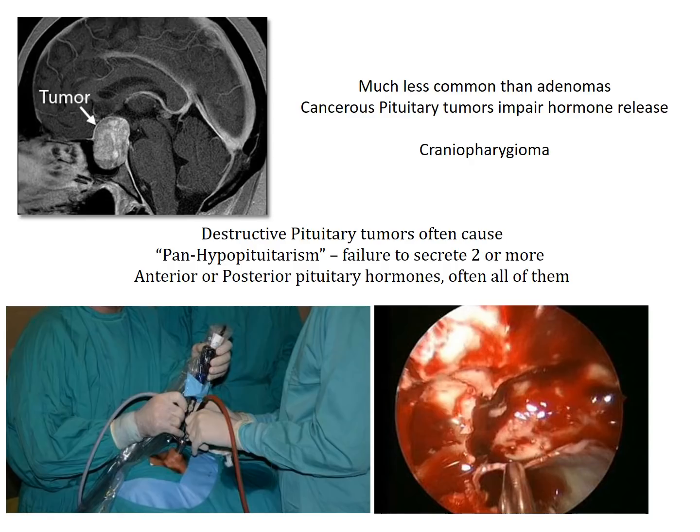So they develop what's referred to as panhypopituitarism, where there is a failure to secrete 2 or more different anterior or posterior pituitary hormones. These individuals may experience hypothyroidism and Addison's and other manifestations of hypoendocrine pathology because that tumor is destroying their ability to release those hormones.